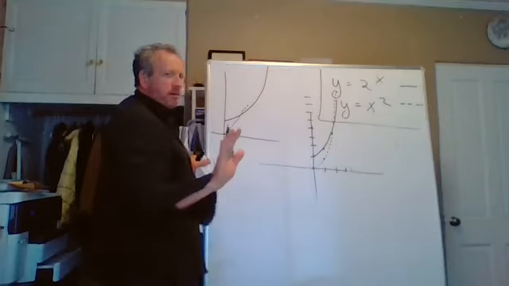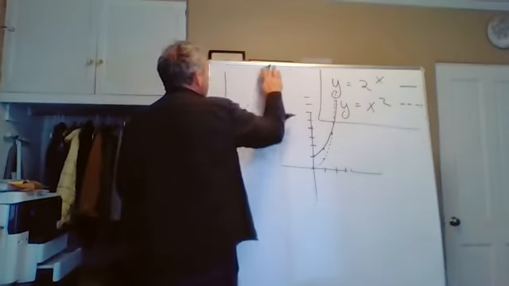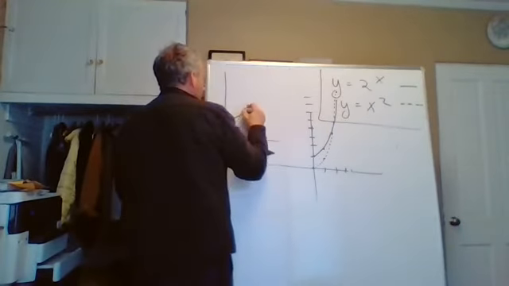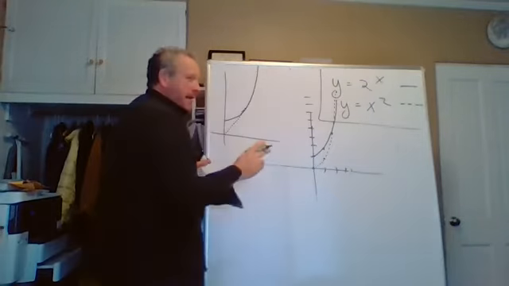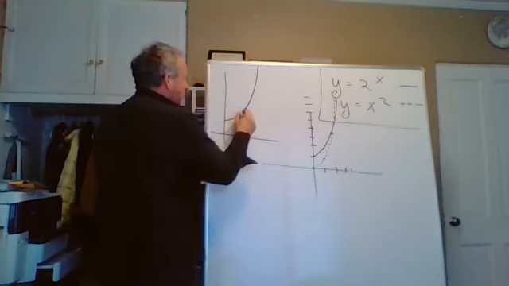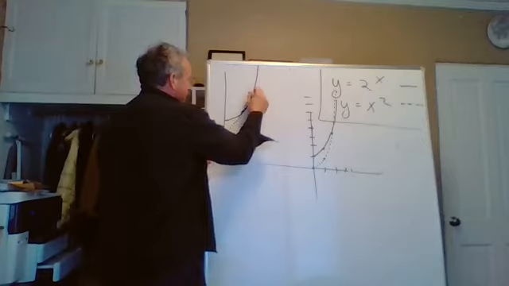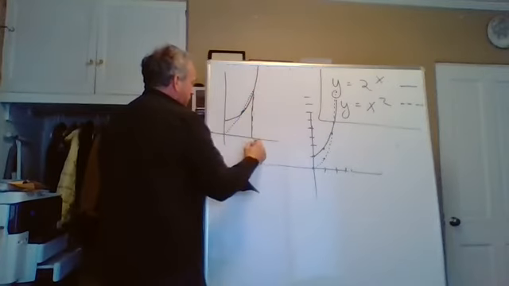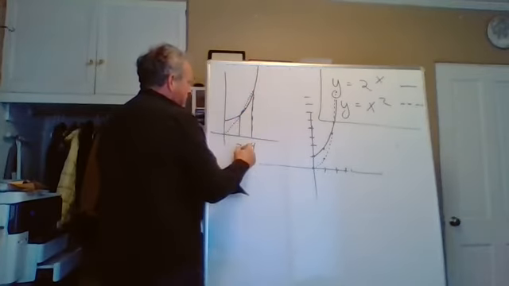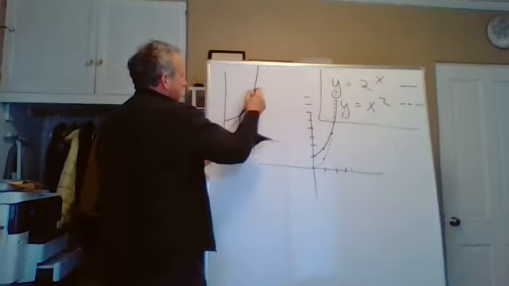These things are tough to graph by hand. I don't graph them by hand all the time, or rarely if ever, but look. Here, this is 4, this is 2. They cross at 2, they cross at 4.